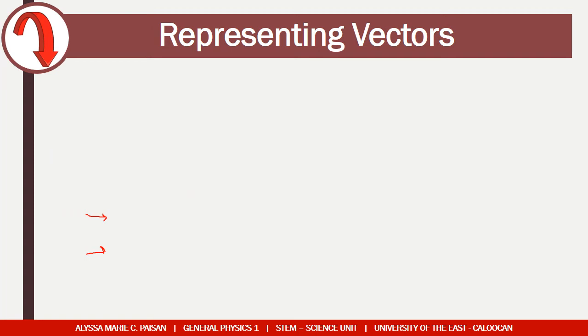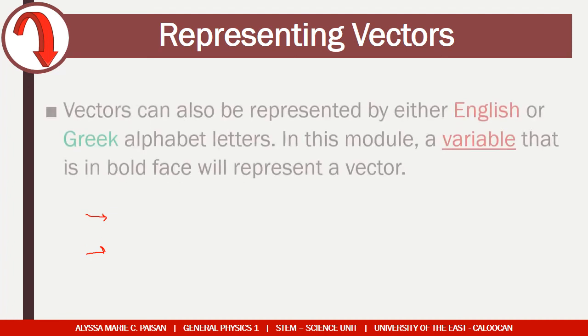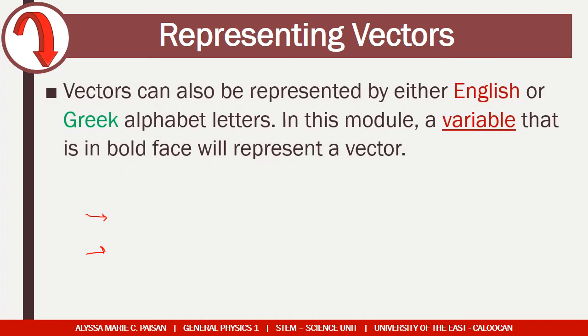So aside from vector diagramming, vectors can also be represented the way physical quantities are represented. Vectors can be represented by either English or Greek alphabet letters, because it is not practical to write the full name of the quantity in an equation.